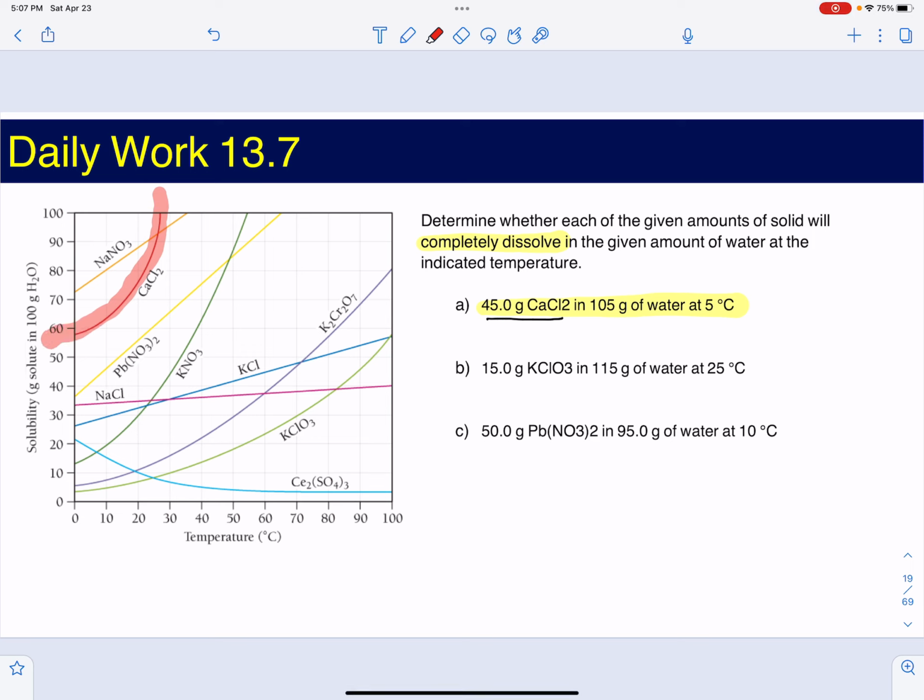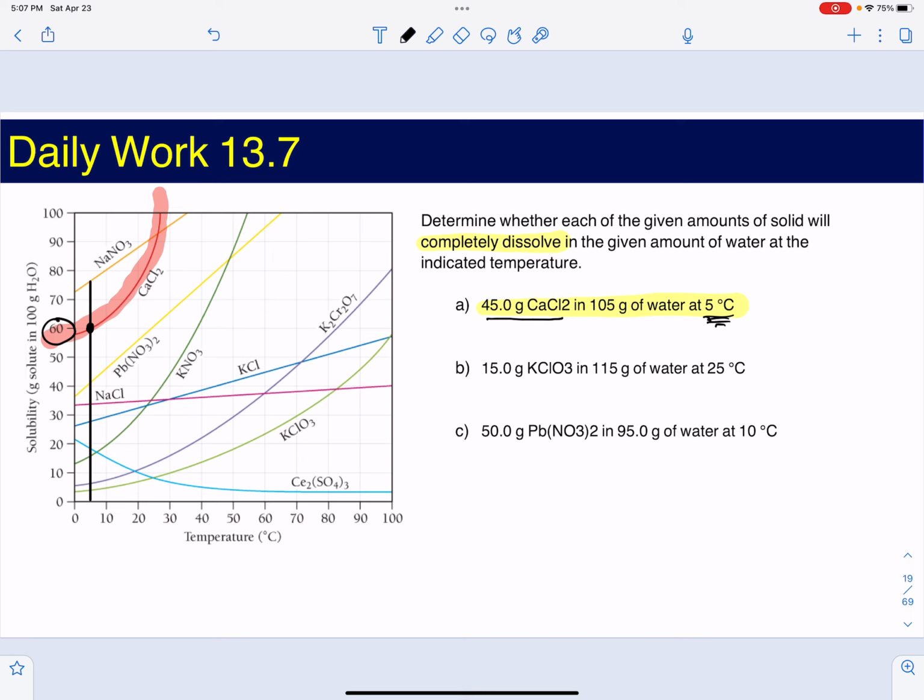We're talking 5 degrees Celsius, so we're talking around here somewhere. So we are concerned with this point on the graph, which is going to be 60 grams.